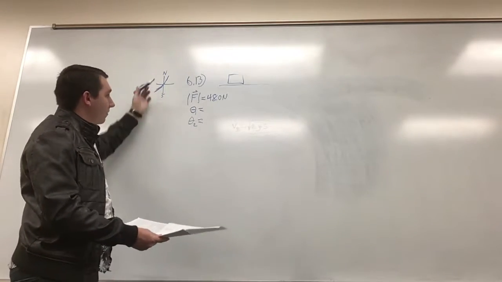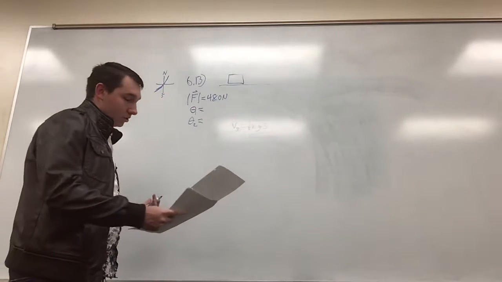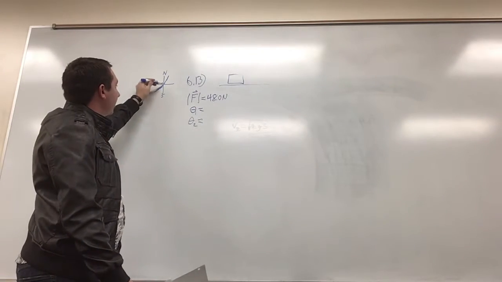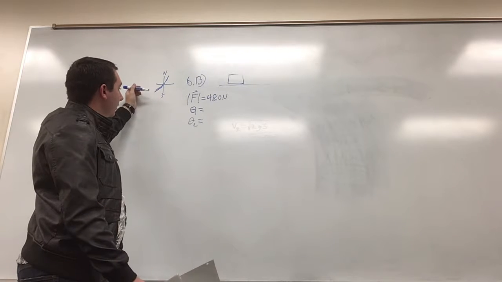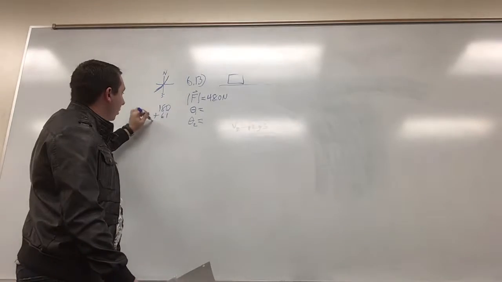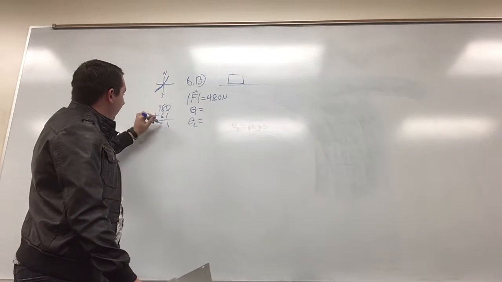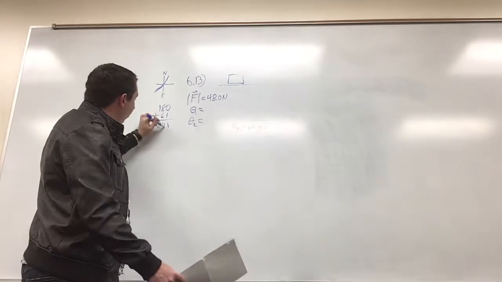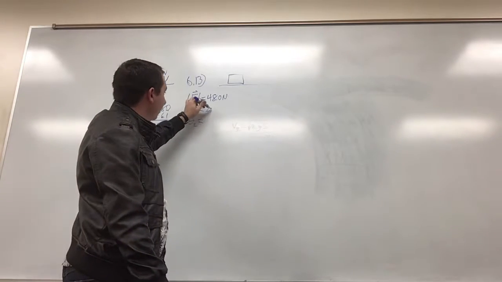So we need to find them in reference to each other. So angle 1 is going to be 180 plus 61, and that gives us 241 degrees for this angle.